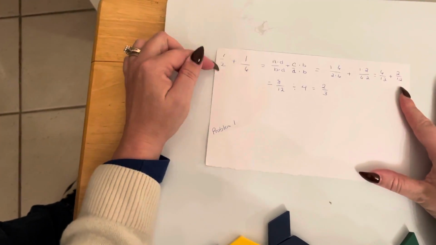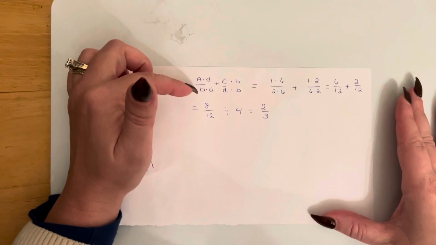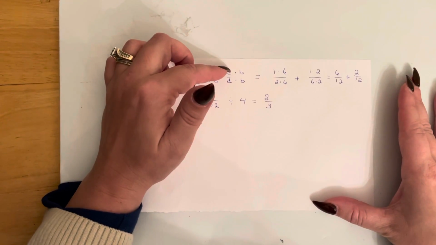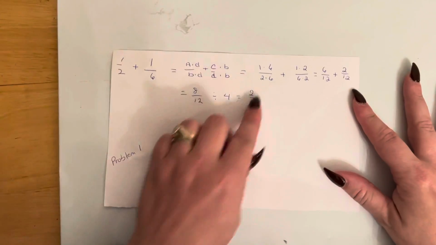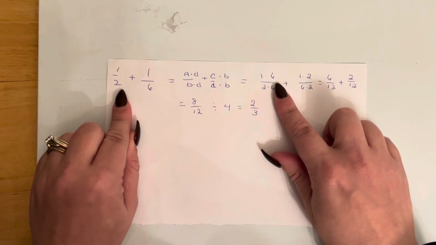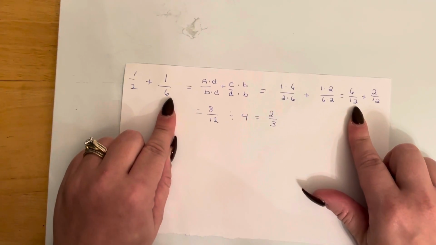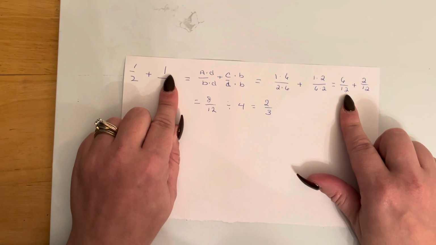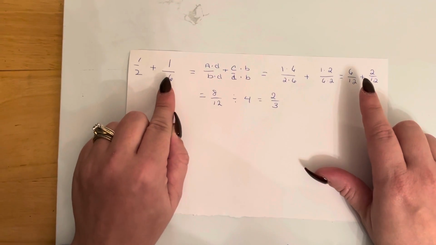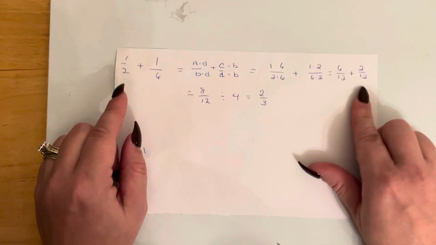Now for the algebra part of it. For problem 1, 1/2 plus 1/6, you will use the formula A times D over B times D plus C times B over D times B. So basically you're taking 1 times 6 and 2 times 6, which equals 6/12, and then you're taking 2 times 1 and 6 times 2, which is 2/12, excuse me.